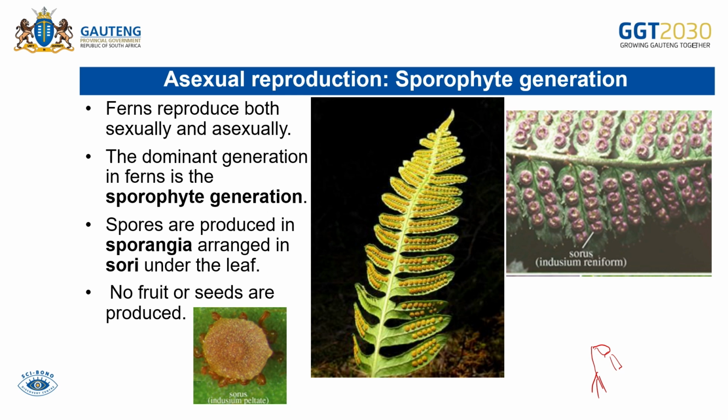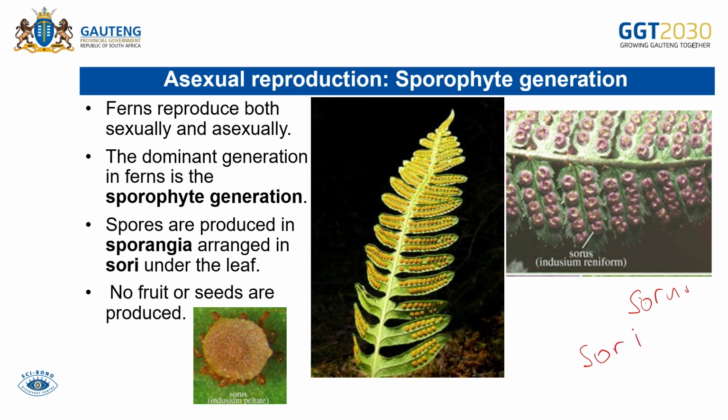But if you see at the back, now this is an example of the back of the fern leaf. You'll see small black dots. That is called a sorus. One sorus, and many sori. But sori is spelled like that.